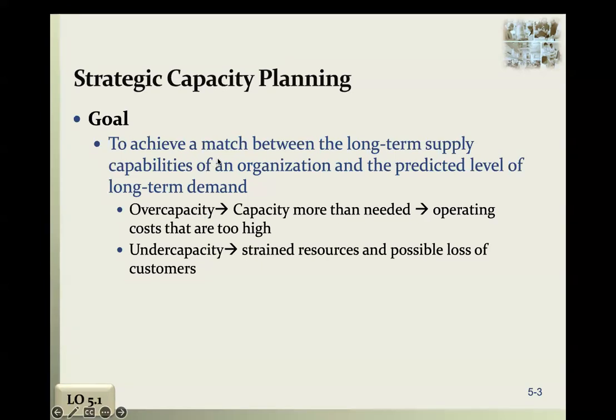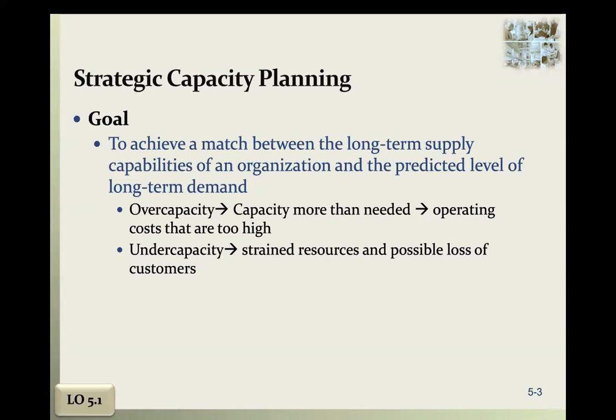There are two terms that we'll be using in this chapter. One is overcapacity and the other is undercapacity. Overcapacity means that an organization or a firm has more capacity than needed, which means let's say they might have more employees or more machines or more space, and this is of course adding cost.